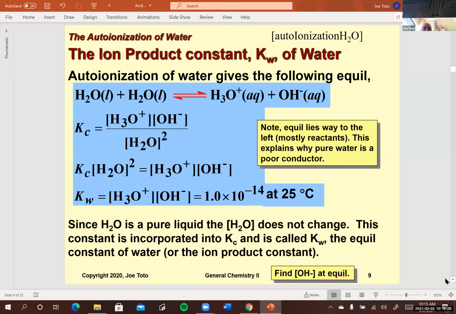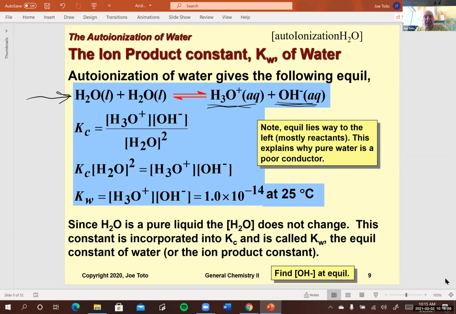And that's done by recognizing the auto-ionization of water. So in this slide, I have depicted here that there's two waters that can react with each other. And in that reaction, I form hydronium, or an acid, and I form this hydroxide base. That's called the auto-ionization of water.